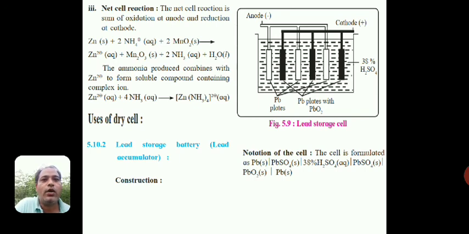What they are saying is that in the net cell reaction, the 2 NH3 on the product side combines with the Zn2+ and forms the complex ion [Zn(NH3)4]2+.